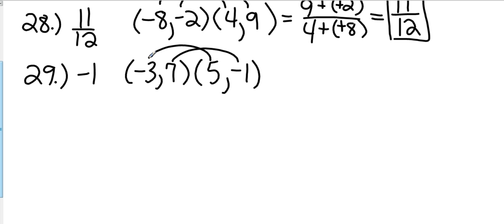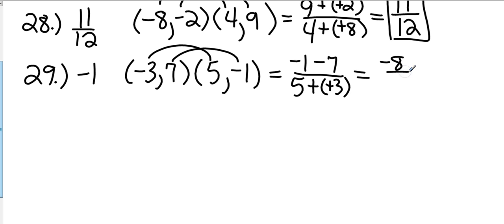We have -1 minus 7 all over 5 minus a -3. The 5 minus a -3 becomes plus. -1 minus 7 is -8, and 5 plus 3 is 8. -8 divided by +8 is -1.